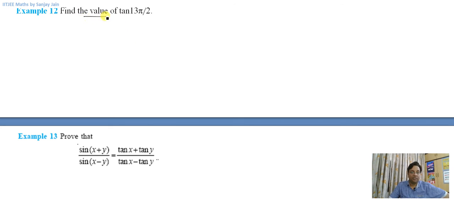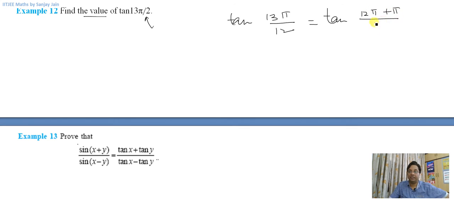Now in this question I need tan 13 pi upon 12, okay, there seems to be a printing mistake, so this is 12. So you can consider it like this: tan of 12 pi plus pi in the numerator and then 12 in the denominator. So it is nothing but tan of pi plus pi by 12, since 12 pi by 12 will become pi.